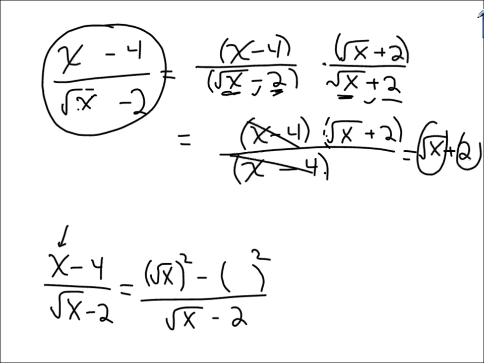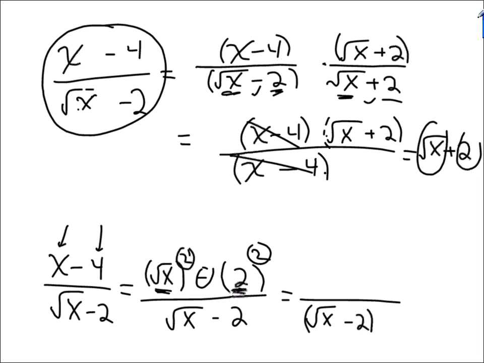Square root of x times square root of x is x. What do you square to get 4? 2. The bottom's not changing. It's square root of x minus 2. But the top I'm going to factor. It's a difference of squares. What's being squared? This and that. The square root of x is being squared, and 2 is being squared.